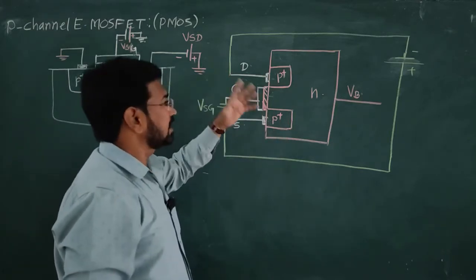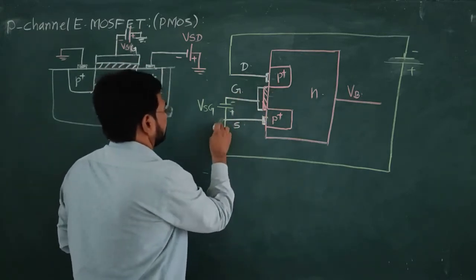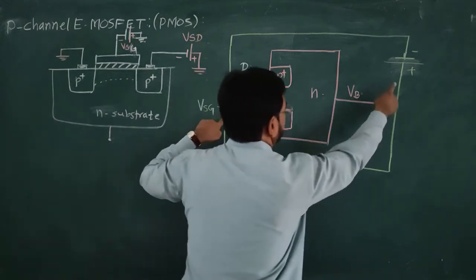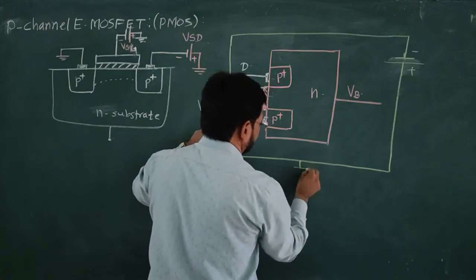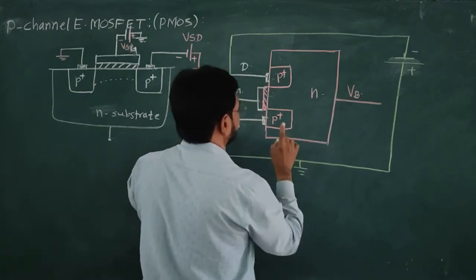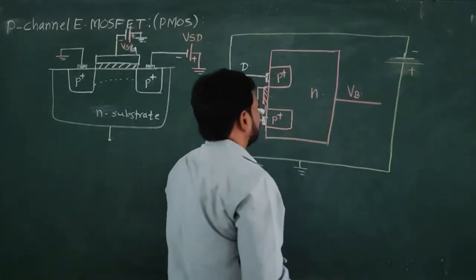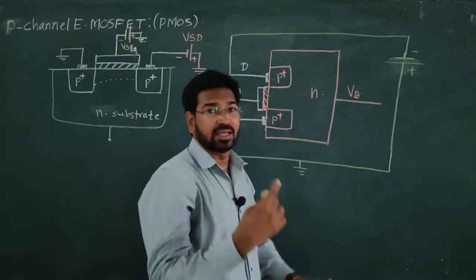The polarities are reversed. So here the source is at positive potential, and this one we can ground. It works like this, and the drain this one. Now where should the body be connected? The substrate connection should be at higher potential.